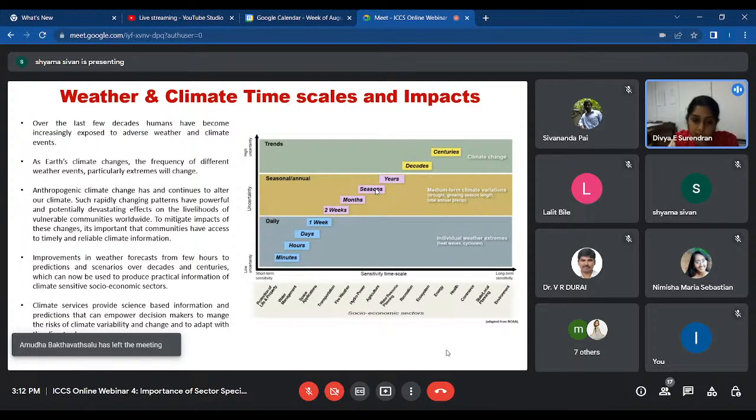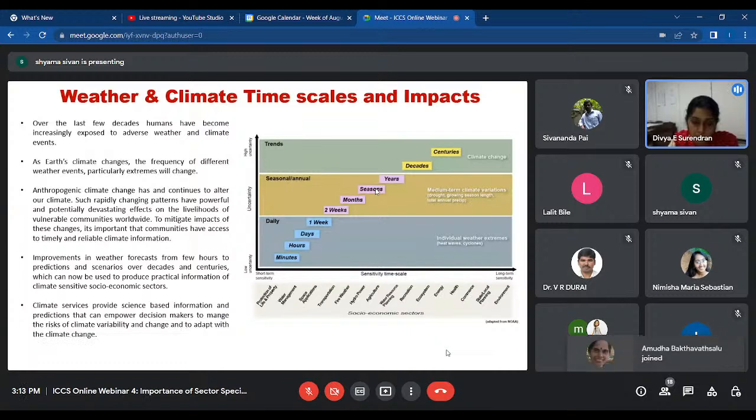Suppose a heavy rainfall event occurred over a place. Initially there will be water impacts over different sectors in the society like agriculture, water resource management, recreation.